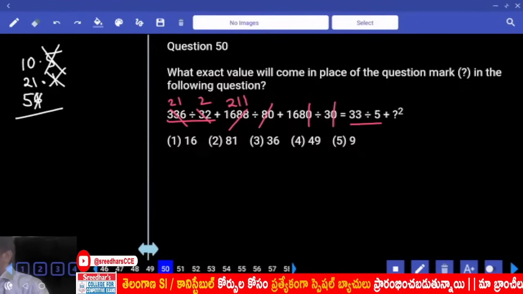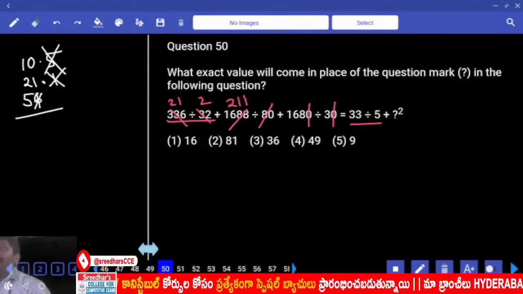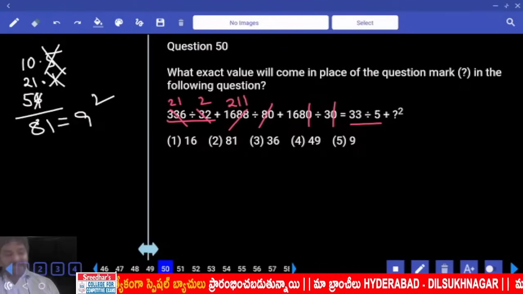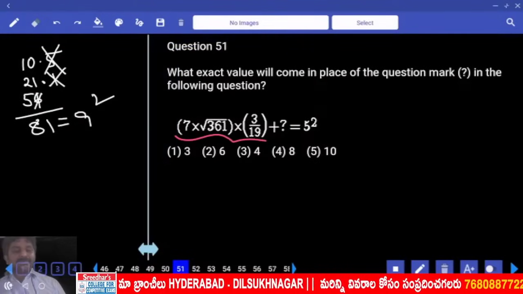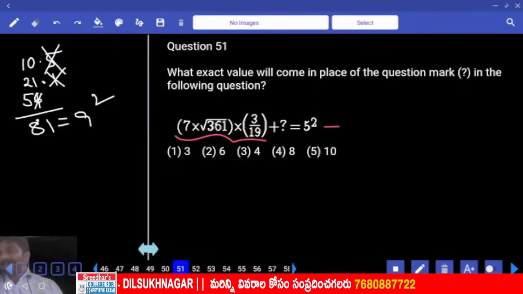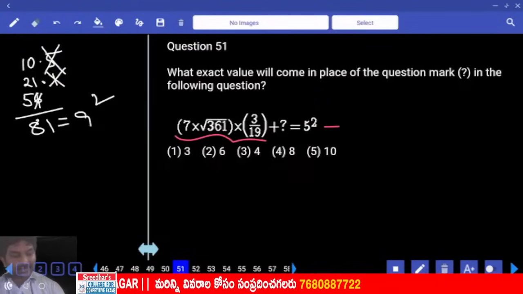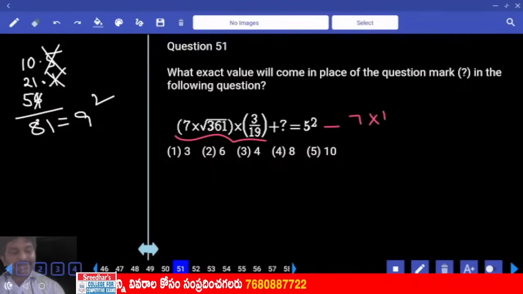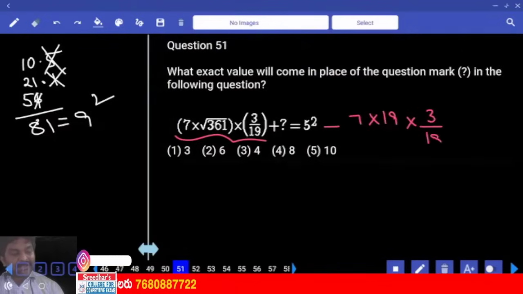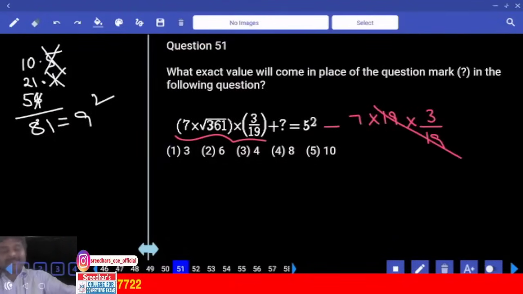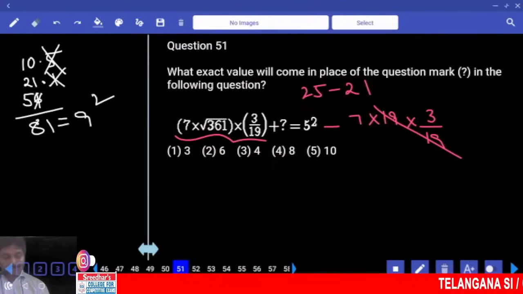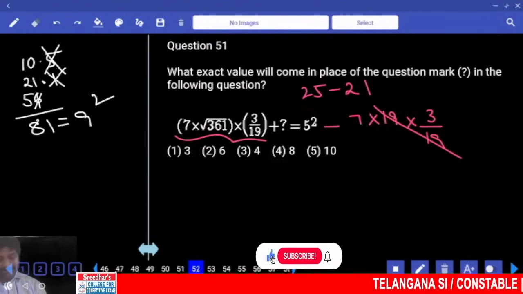So 10 plus 21, 31 plus 50, 81 is which number's square? 9 square. These numbers go to the other side and become minus. Got it? 7 into under root of 361 into 3 by 19 gets cancelled. 7 threes are 21. 25 minus 21. Option 3.